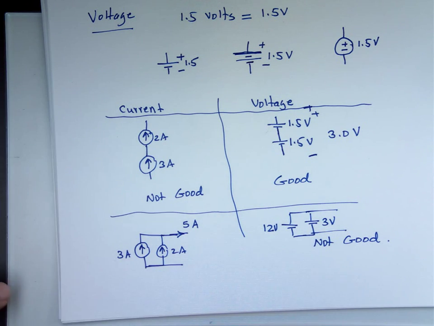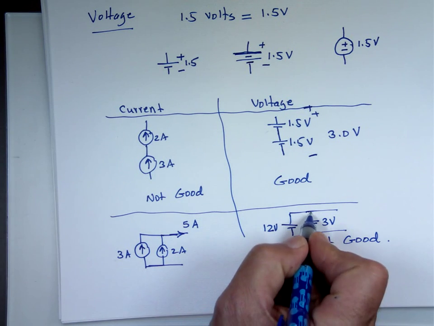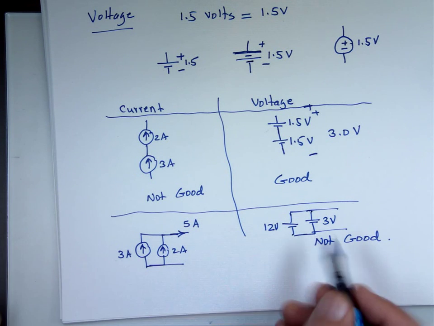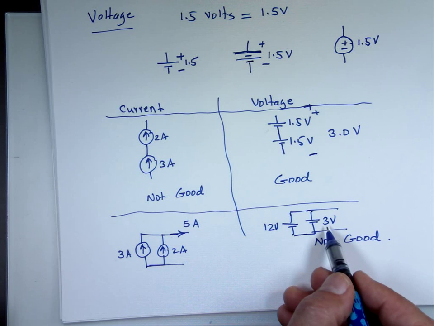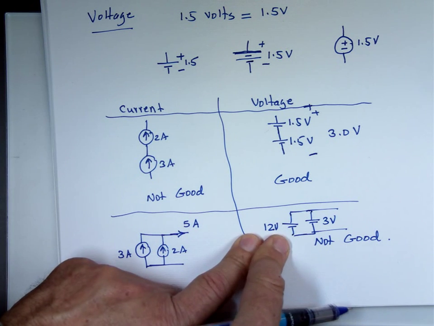What happens when your car dies, the battery dies outside? You jump start your car. What do you do? You find somebody with a good battery, you attach the plus to the plus, and the minus to the body or the minus. And what happens, you force that battery to go from 3 volts now, because they're connected in parallel, to try to match the 12, and your car will start.